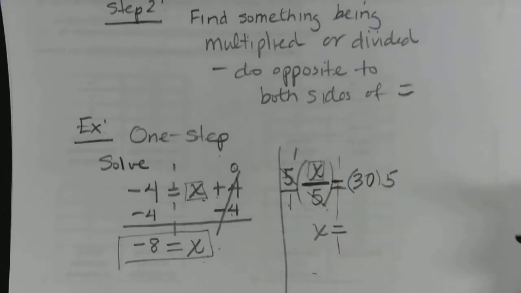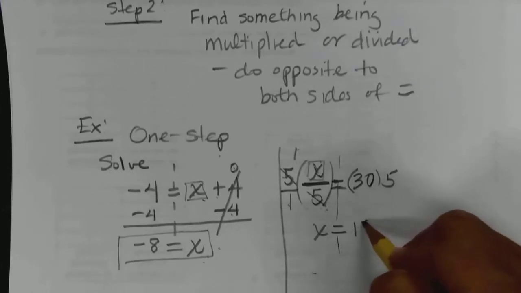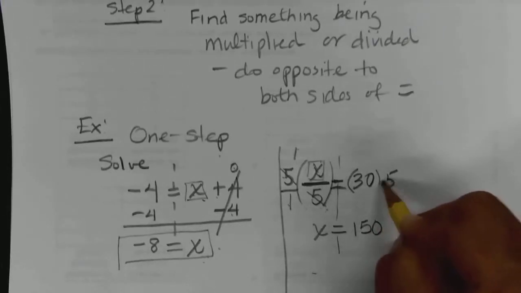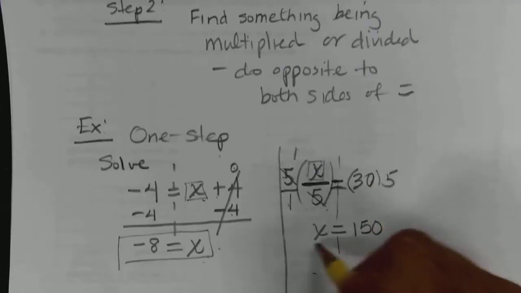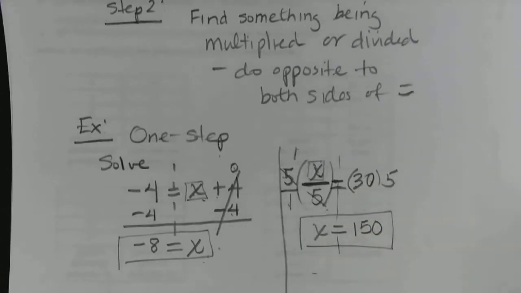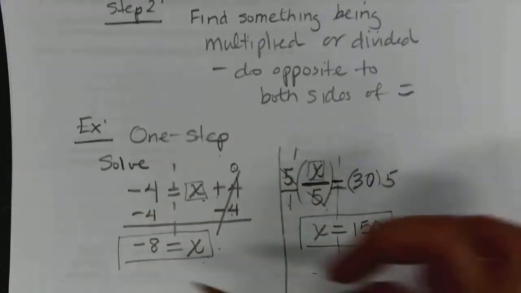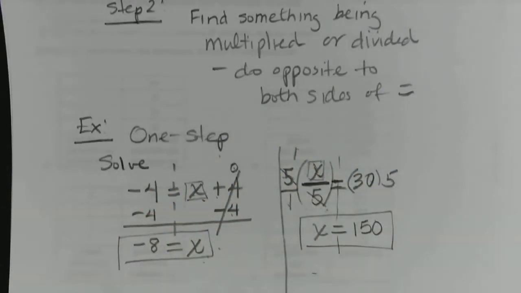And what does that equal? What's 30 times 5? 150. Right? 5 times 0 is 0. 3 times 5 is 15. Answer just pops up when you do the process. Okay? And I want it just like this. I'm going to be very picky about how I grade this.